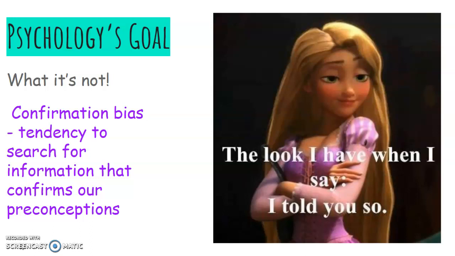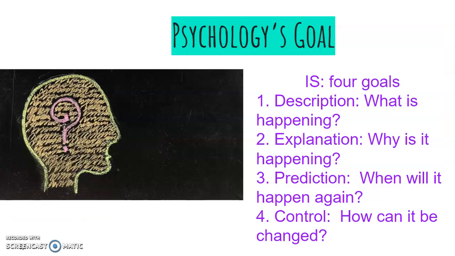But what psychology is, what its goal is, it actually has four goals. Its four goals are to, number one, describe what is happening. Number two, explain why it is happening. Number three, predict, hey, when will it happen again? And number four, control, can it be changed?